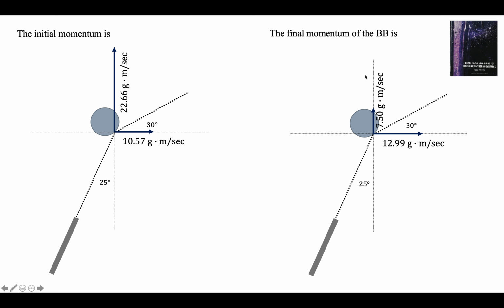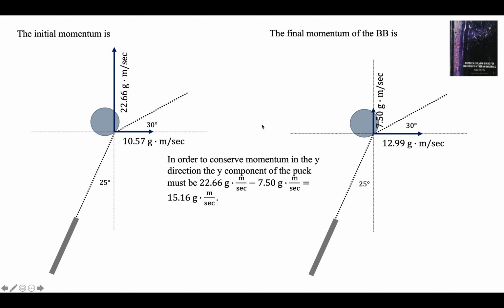The puck must have the rest. In order to conserve momentum in the y direction, the y component of the momentum of the puck must be 22.66 minus 7.5, which is 15.16 gram meters per second. And there it is. 15.16 plus 7.5, that's 22.66. Momentum in the y direction is conserved.